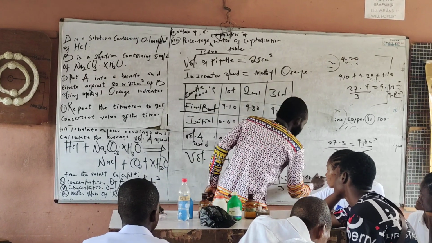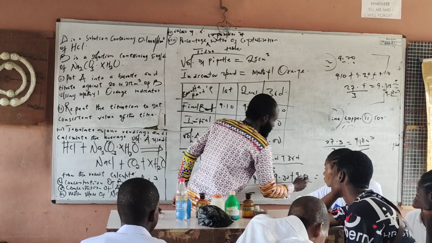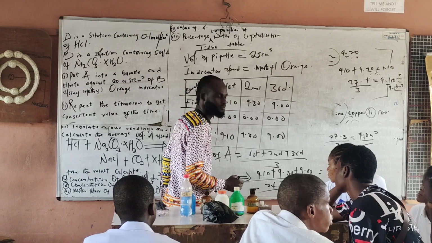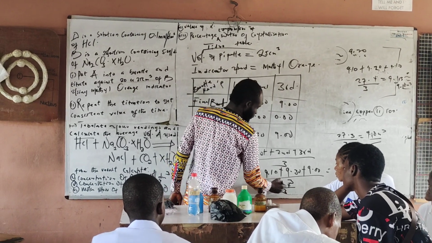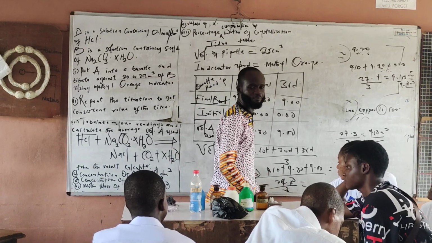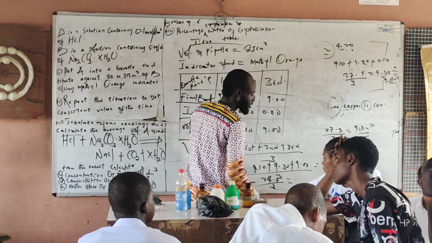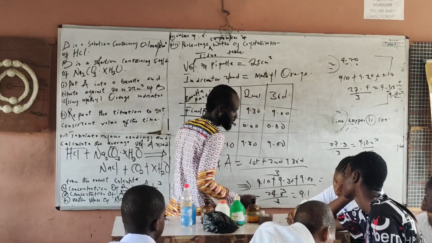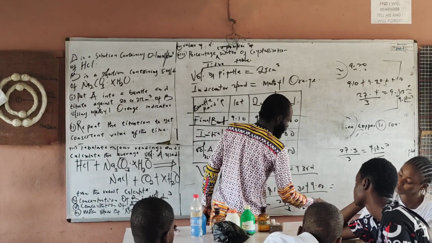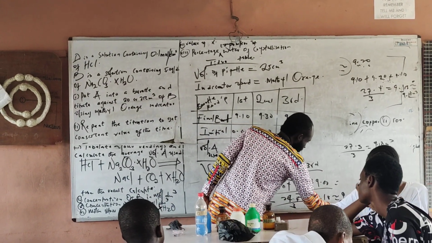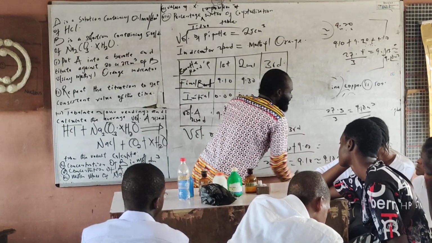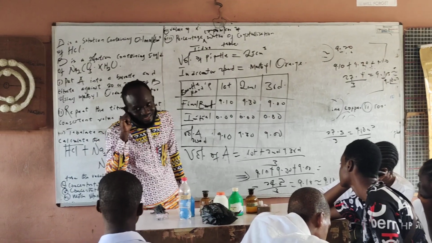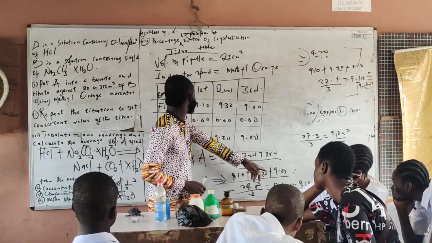So 27.4 divided by 3. So we're going to have 9.13, approximately 9.10 centimeter cube. If you don't write your unit, you will lose about 5 marks. So make sure you write your units.